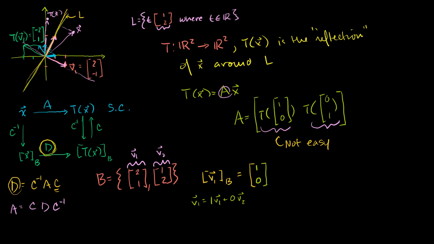Now let's just say that D is going to be a 2 by 2 matrix. It's still mapping from R2 to R2. This is still a two-dimensional space, so it's going to map within this two-dimensional space. So let's say D has just two column vectors, D1 and D2, just like that.